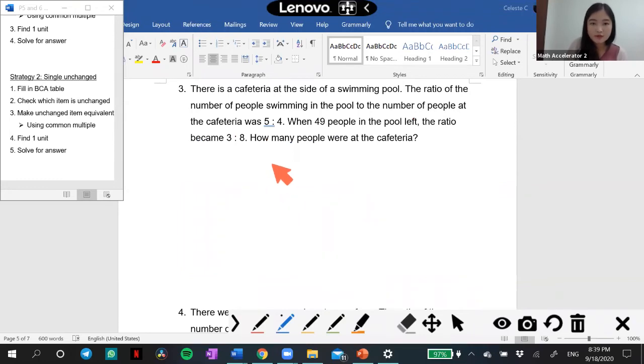Right, so you have the pool and the cafeteria, before, change, after. Can you fill in the table by yourself right now? And then let me know which one is unchanged.